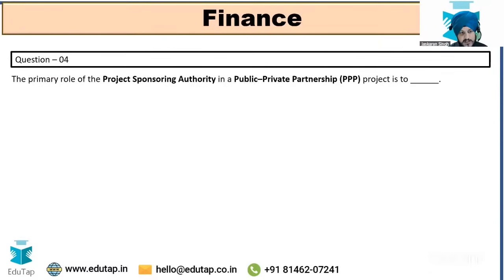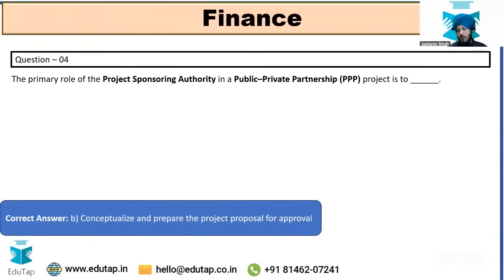Question number 4. What is the primary role of the project sponsoring authority in a public-private partnership project? Now, regarding this question, I was not able to collect all the options. I don't know what options were given in the examination, because based on that, I don't know what confusion they tried to create. But do let me know if there was some other option also.